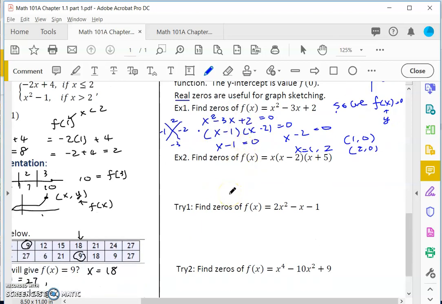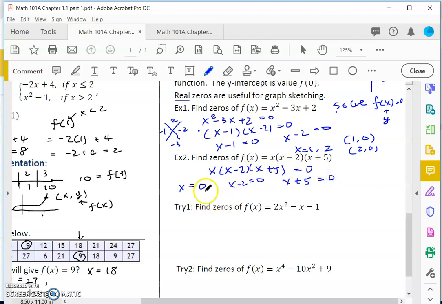Second one, I have a function x times x minus 2 times x plus 5. So it's all factored out. You see how it is all factored out? So to solve for 0, I just write x times x minus 2 times x plus 5 is equal to 0. Because it's already factored, I just split it up. That's three single linear factors: x equal to 0, x minus 2 equal to 0, and x plus 5 equal to 0.